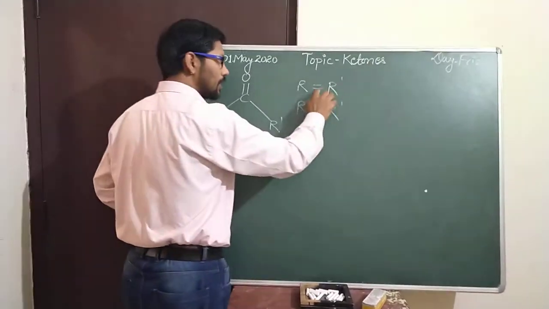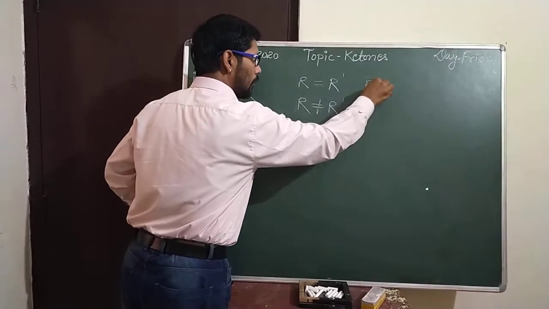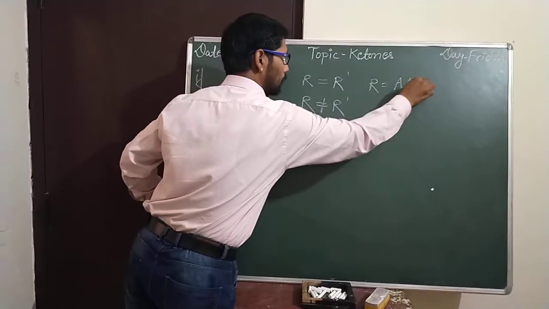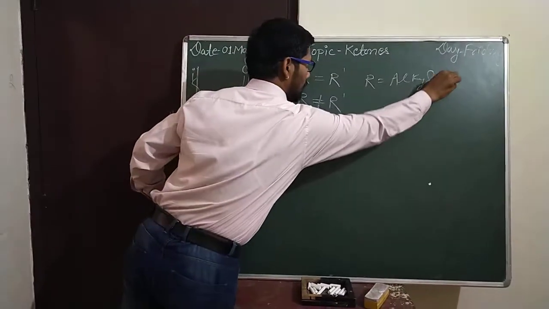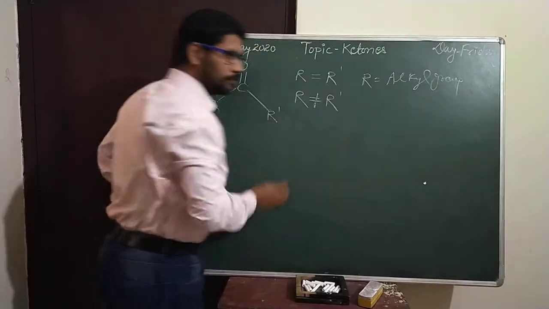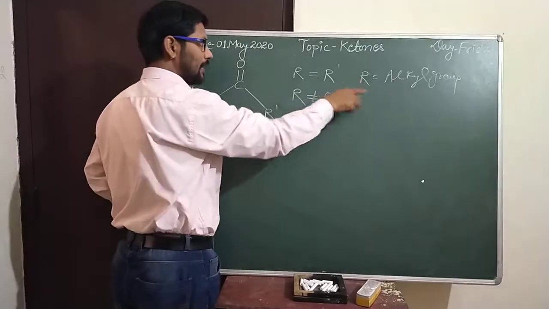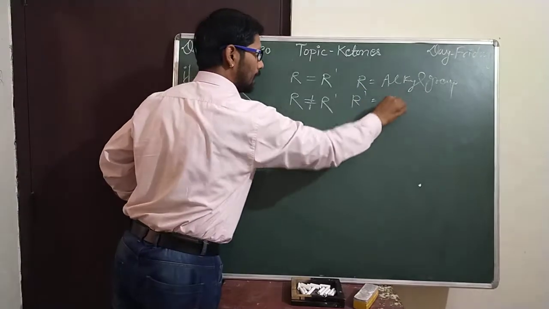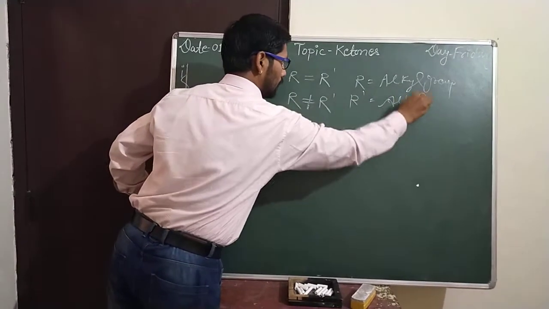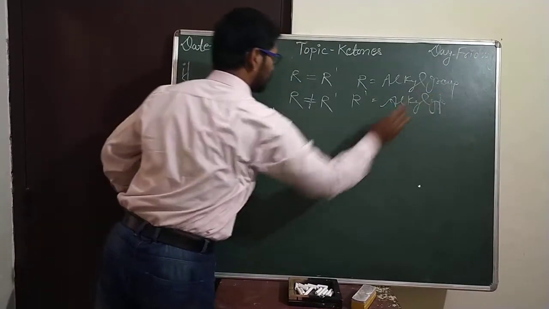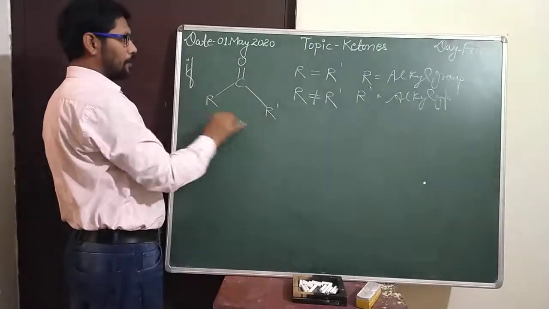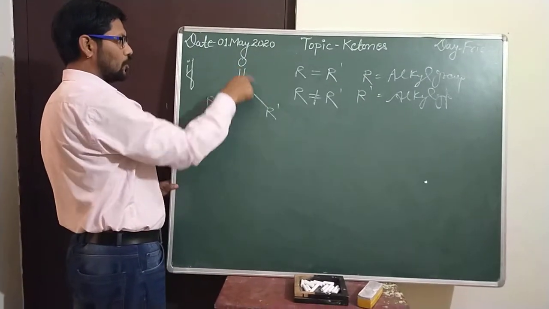Here R is an alkyl group, and R dash is again an alkyl group. So this compound is called RCOR dash.